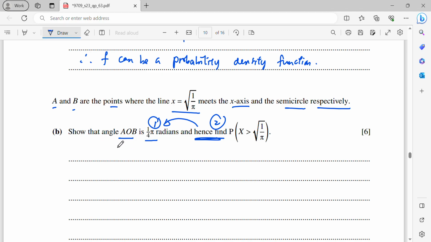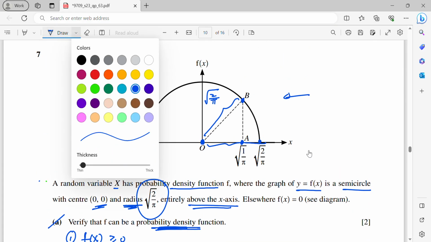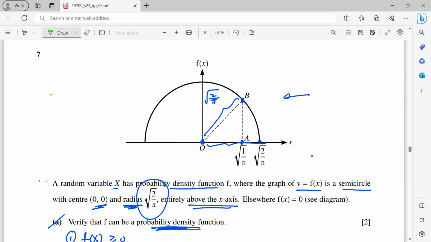Okay, so to get the angle AOB, let's look at the diagram. Here is the angle, and let this be theta. At the point A it is square root of 1 over pi, so here is square root of 1 over pi. Just now I labeled OB as the radius, which is square root of 2 over pi.